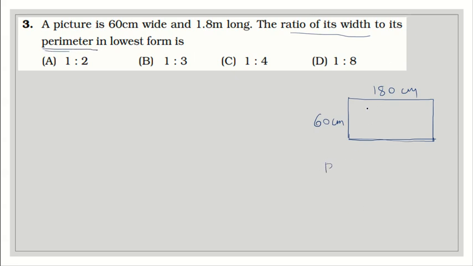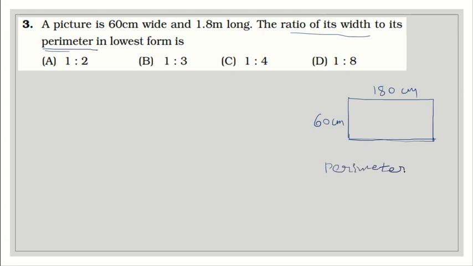Most of the times we quickly calculate 60 is to 180 and go wrong by choosing B. Even I made a mistake while doing it. So reading the complete question and understanding it is very important. Here we are asked to find the ratio of the width to its perimeter. What is the perimeter of this shape?